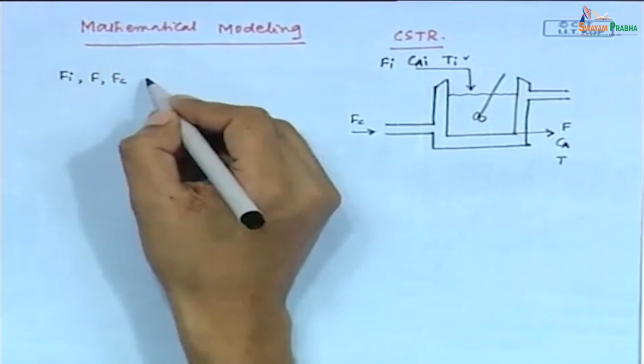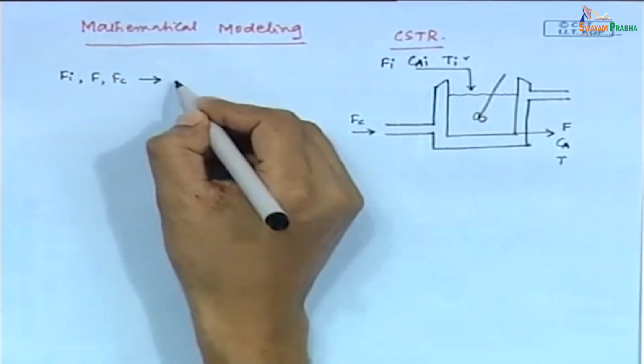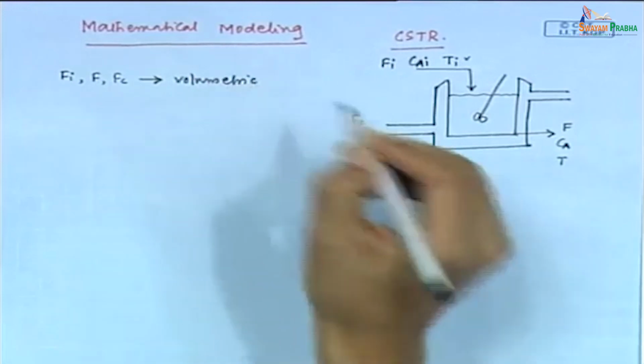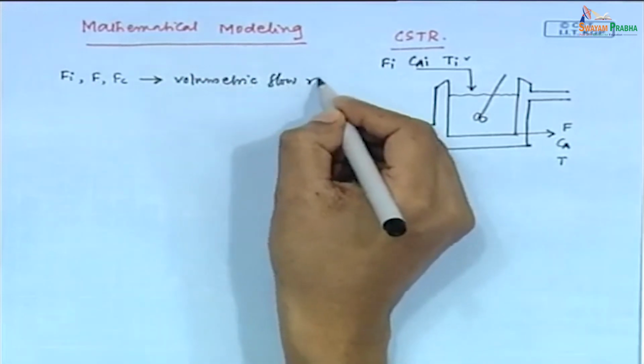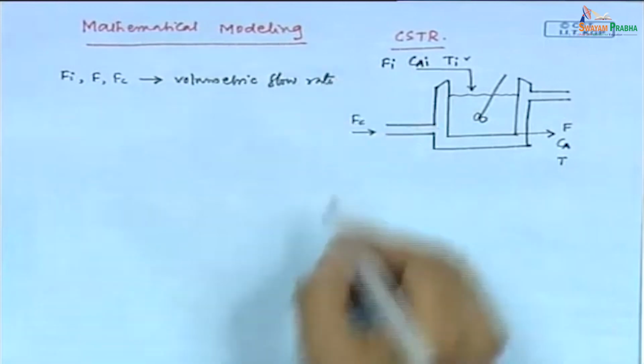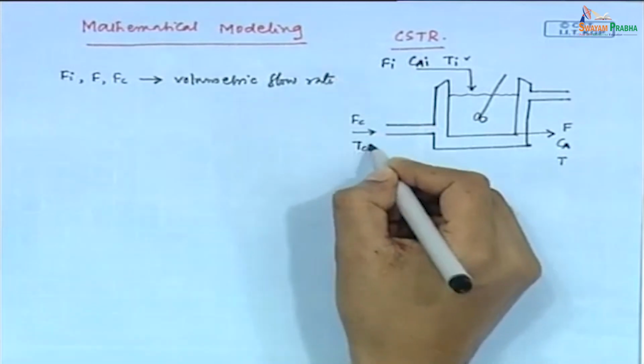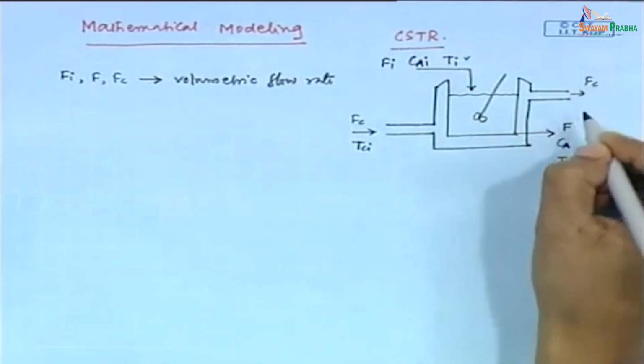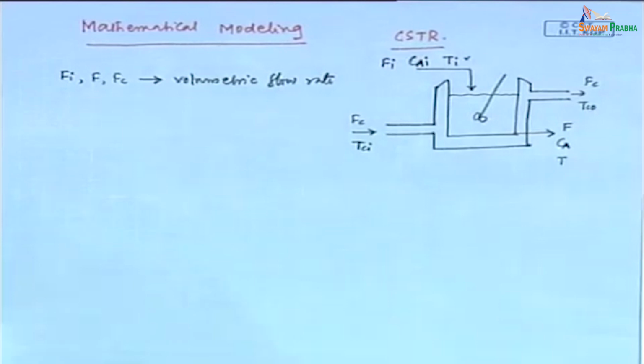All these flow rates are basically volumetric flow rates. Here the coolant inlet temperature is Tci, outlet flow rate is Fc and outlet coolant temperature is Tc naught.